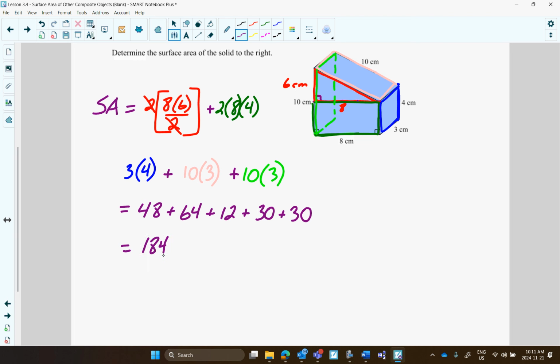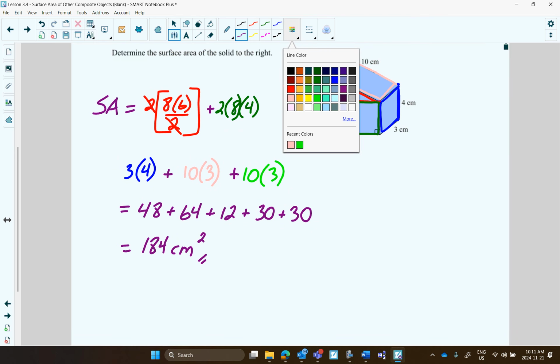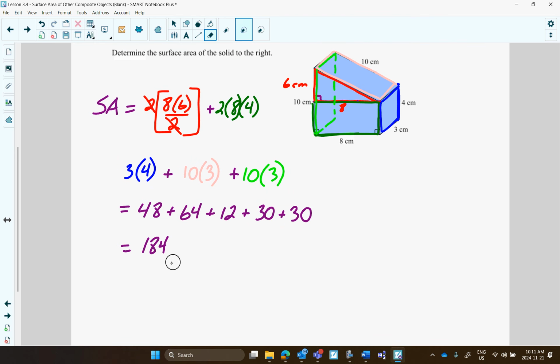You got it right. 184 centimeters. Oh! I knew it! Curses. Now I need another color.